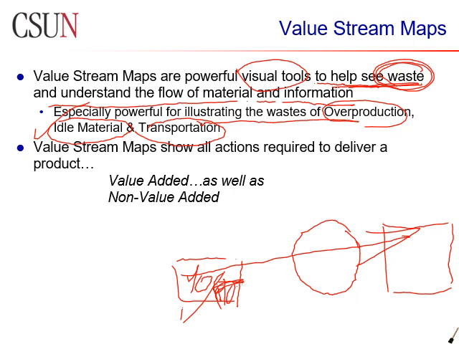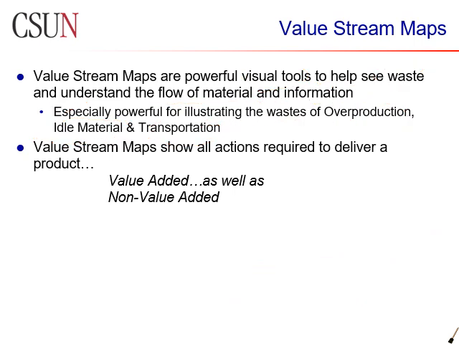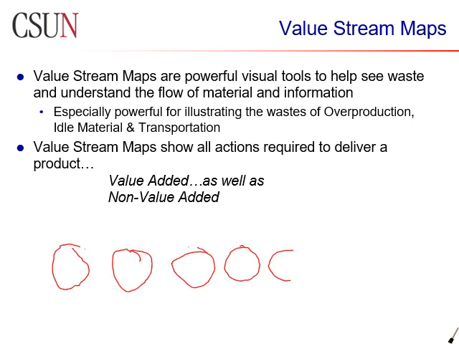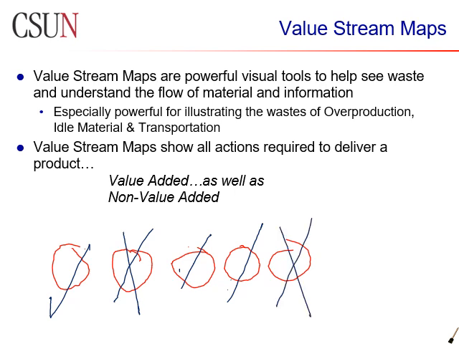So value stream maps show all actions required to deliver a product. One of the common misconceptions is that the students think from the name of value stream map that we need to draw things that only add value to the customer. And this is the wrong concept. What we do is draw every process and then classify later: this is a value-adding activity, this is not a value-adding activity.